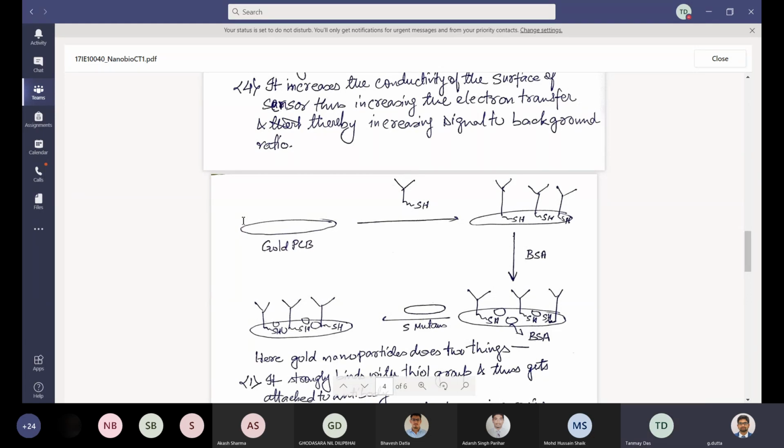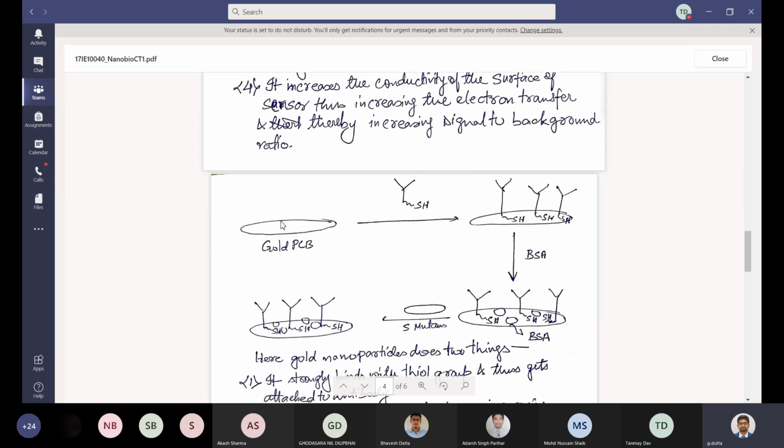So like you said, actually this plate is not of some metals, so we put some nanoparticles so that it becomes more conducting, in order to increase the signal to background ratio. Yeah. Gold PCB is something like a coated plate kind of thing. There is no nanomaterial, right? Right. This is not nanomaterial. PCB means printed circuit board.